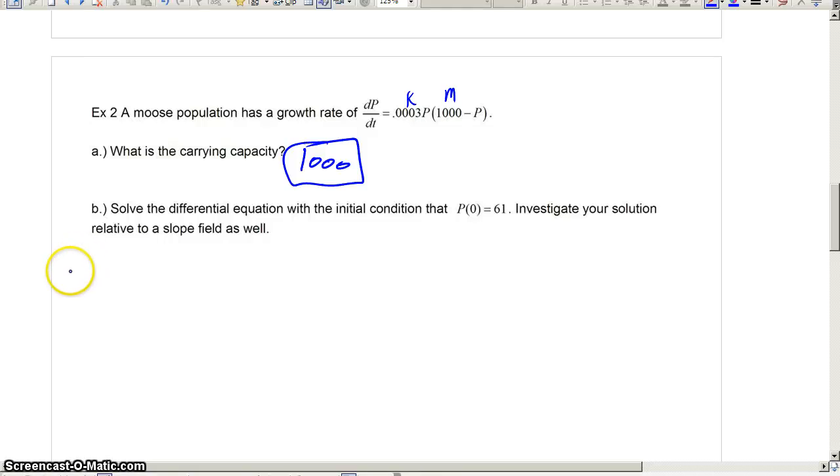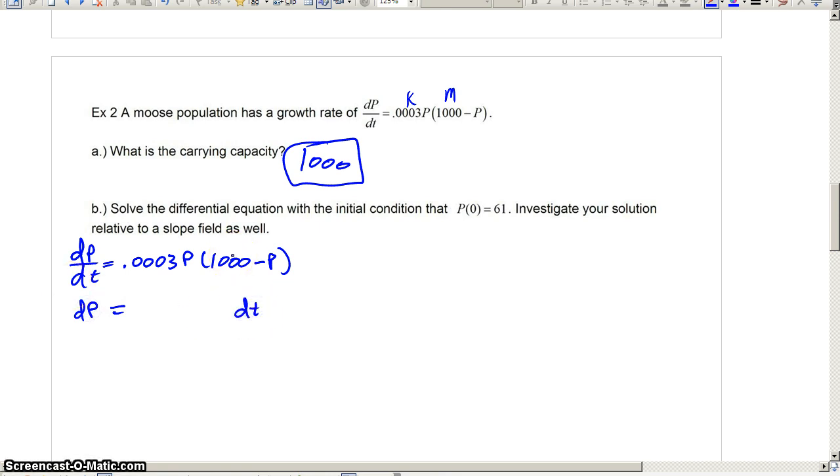Whenever you're asked to solve a differential equation of this type, we're going to have to separate variables. The separation of variables, very, very important that we remember that. So in other words, we have two variables in this problem. We have P, obviously, and also t. And I'm going to do just a little bit of housekeeping over here.